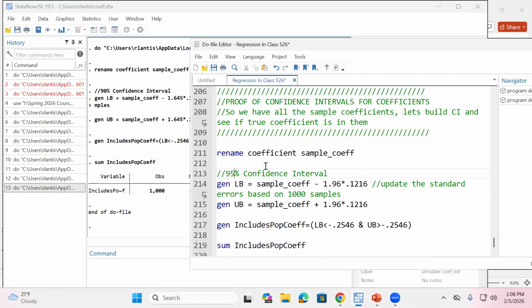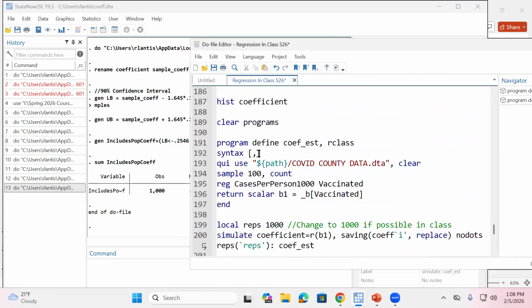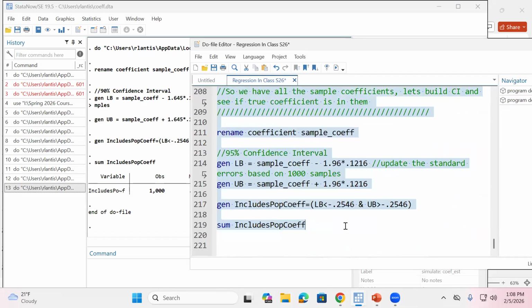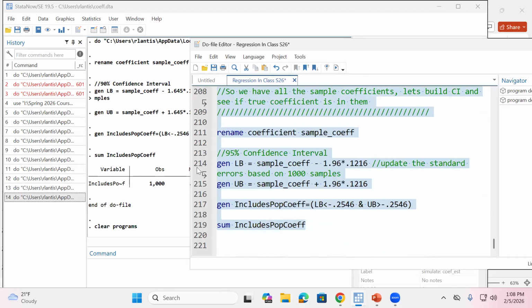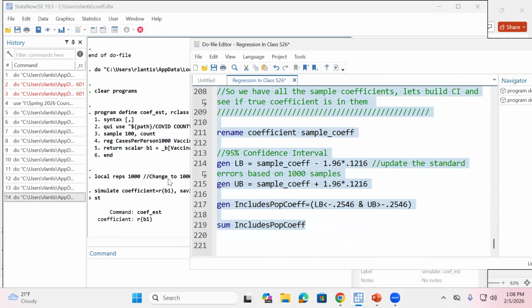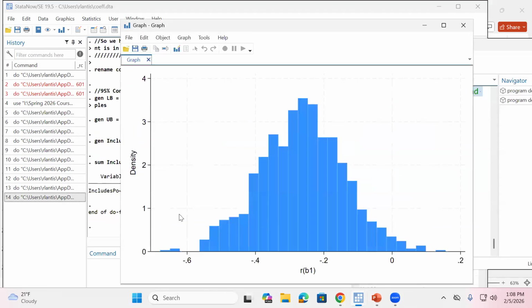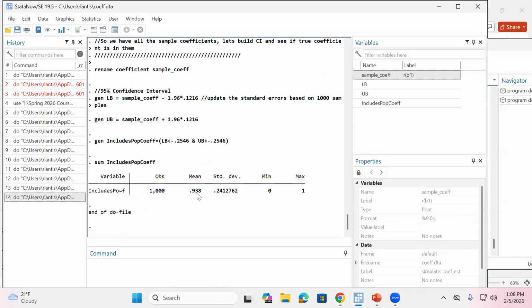So if I then do the exact same thing, I have to run this again because I've created these variables. Now when I do this, we're waiting. Hopefully now, instead of about 90% of those confidence intervals including the true population parameter, now I get about 95. Once again, it's going to be a little bit off because I only have 1,000 samples, right? And I'm rounding things to like the 4th decimal. But we can prove these things to ourselves with data. Okay.